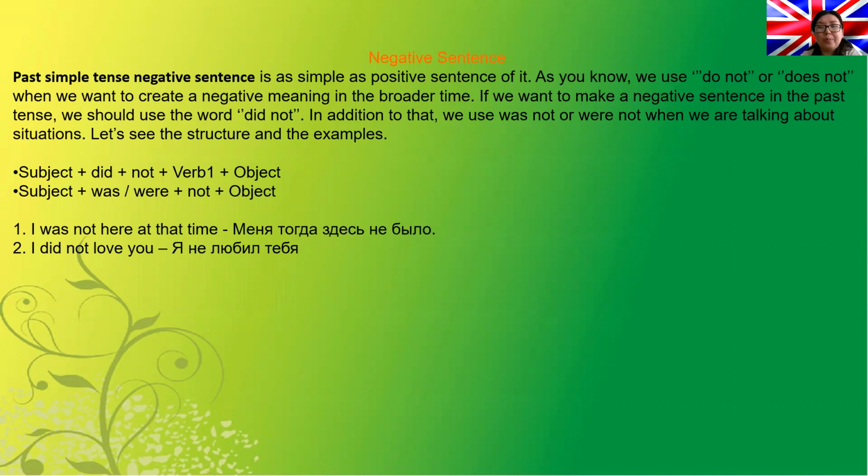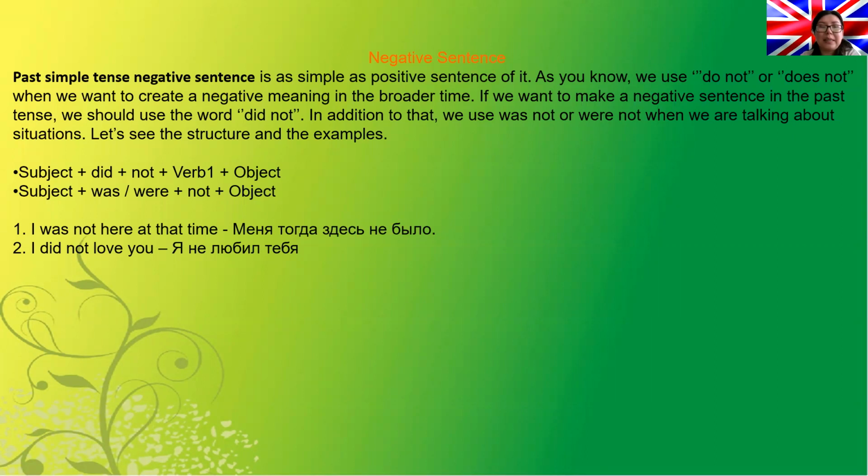If we want to make a negative sentence in the past tense, we should use the word did not. In addition to that, we use was not or were not when we are talking about a situation. Let's see the structure and the examples.